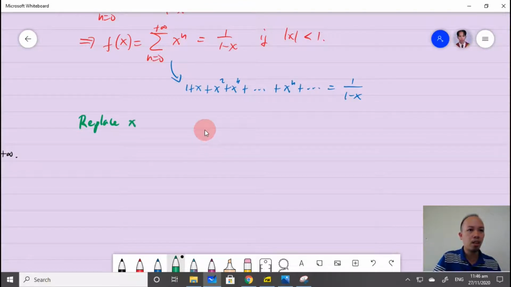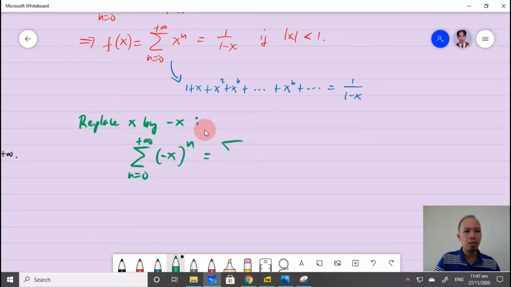If we replace x by negative x, the series becomes this form: the summation of negative x to the n, where n starts from 0 to positive infinity, and we can simplify this as negative 1 to the n times x to the n, where n starts from 0 to positive infinity.